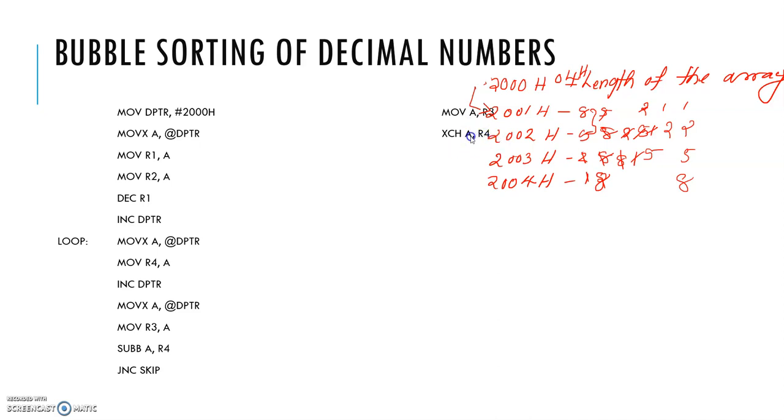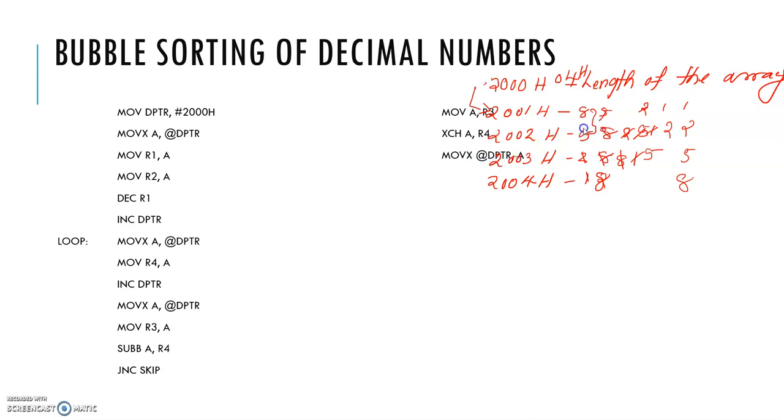So now the second number, that is 5, which was in accumulator register, is moved to R4, and the first number that was in R4 is now in accumulator register.